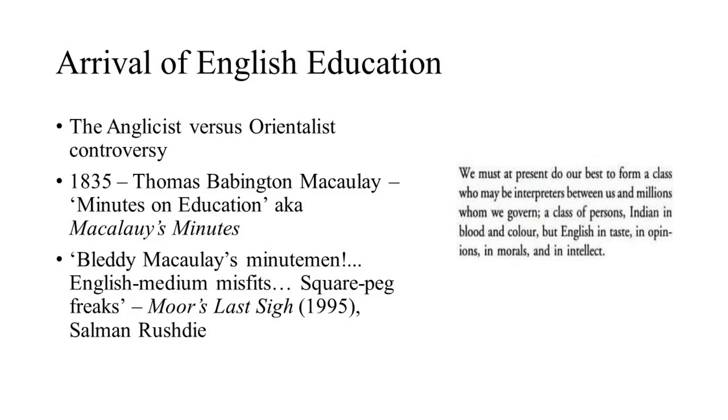Ram Mohan Roy was among the leaders of the Anglicist school of thought who demanded that a British education should be delivered to Indians in English and the shackles of Sanskrit be removed.